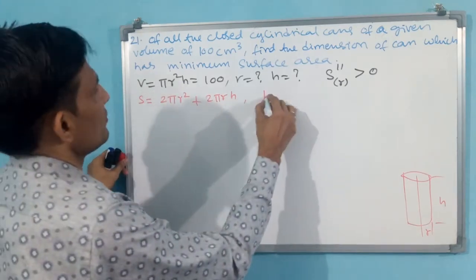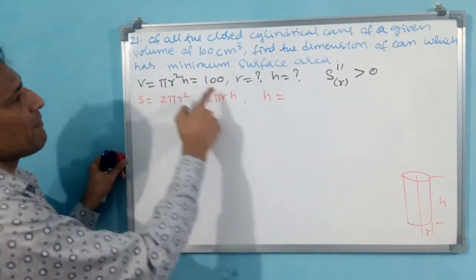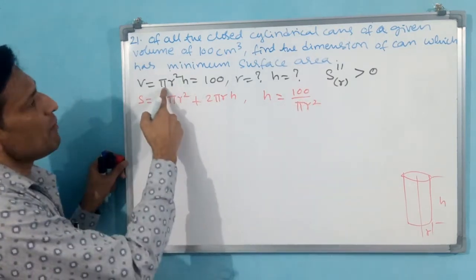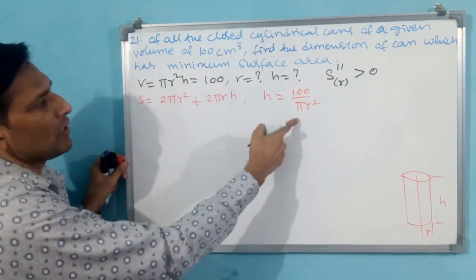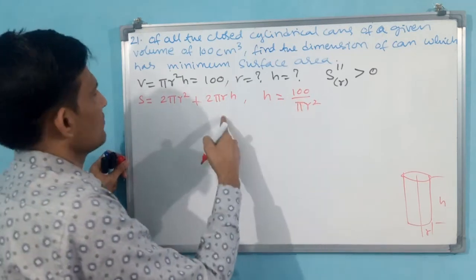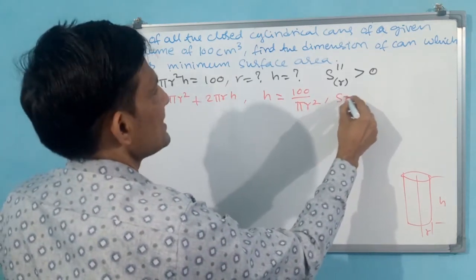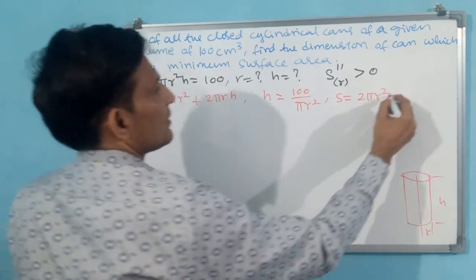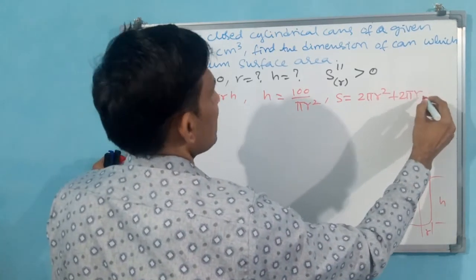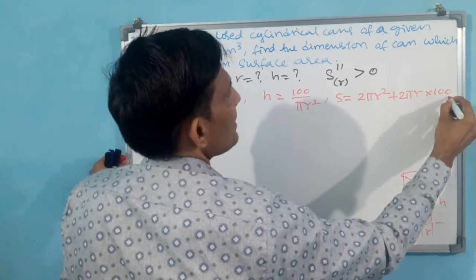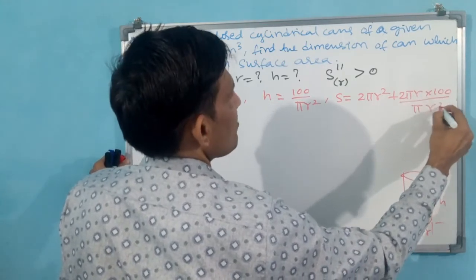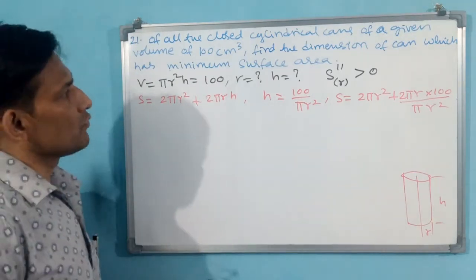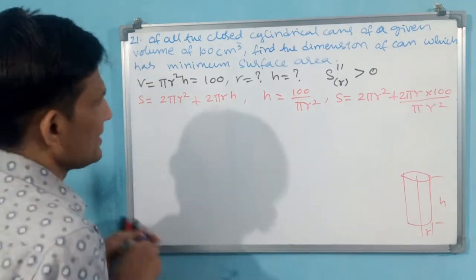See, H is equal to 100 by pi r square. Is it okay? Pi r square h is equal to 100, they have given volume. H is equal to 100 by pi r square. That means what will be the S? S will be 2 pi r square plus 2 pi r into 100 by pi r square. Okay, you see what is going to come, that S finally will be like this.